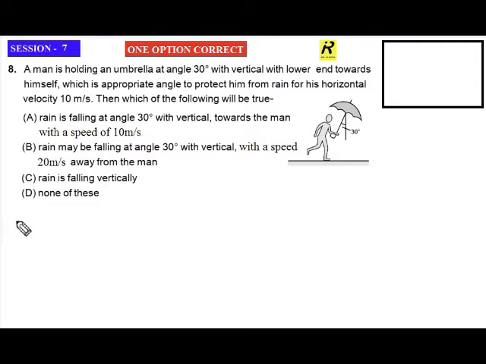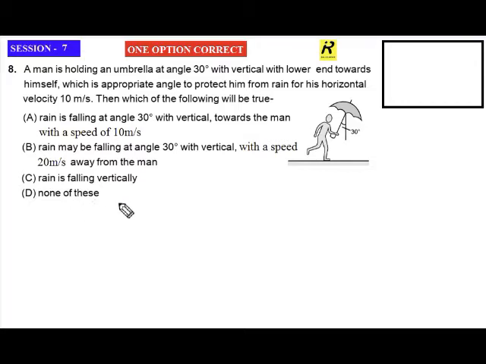Option A says the rain is falling at an angle 30 degree with the vertical. If this is the rain and this is the vertical, so rain should come like this along this direction, and we obviously know the man is moving forward.